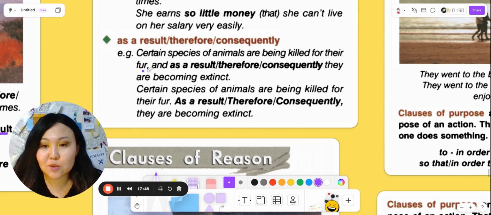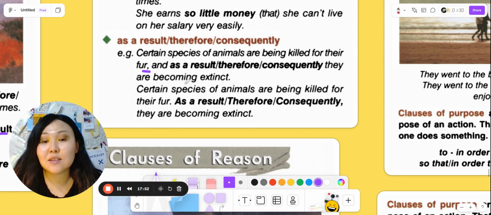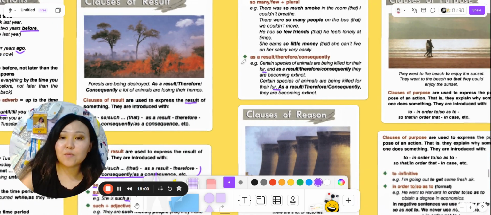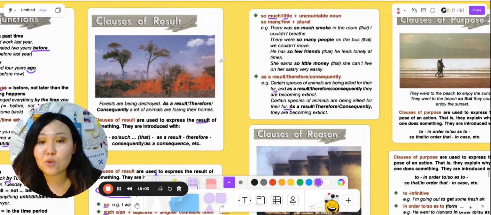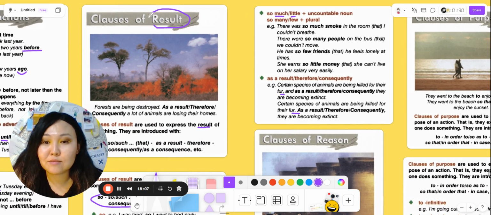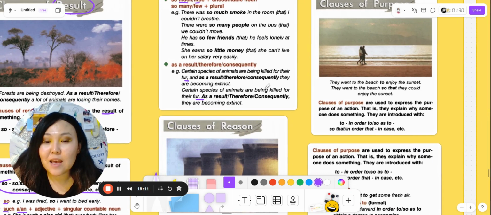And see that in the first sentence, we used a comma and then added our result clause. And here we used a comma or a dot. So that was clauses of result, where we show the result, as we had here.